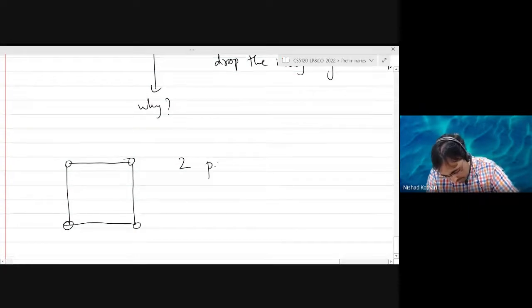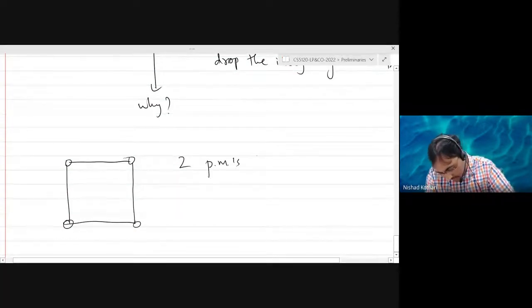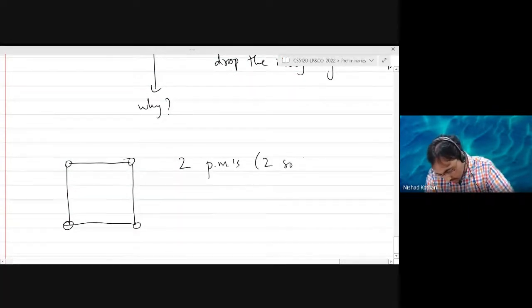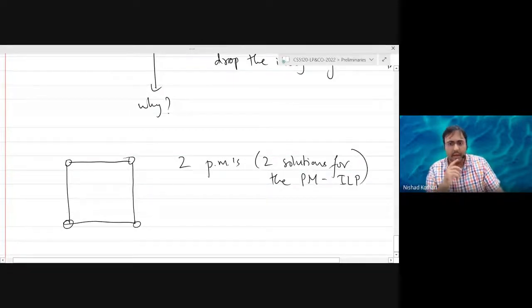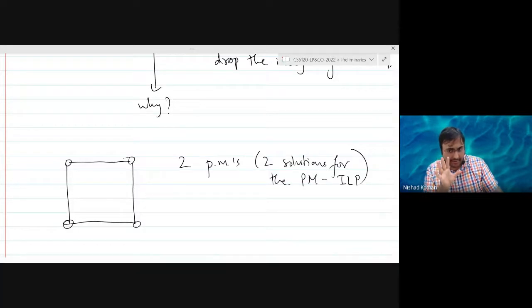Only two perfect matchings, right? Which basically means two solutions for the perfect matching ILP, the integer linear program that we wrote down earlier. Notice that here we don't care about the objective function. We are looking at the feasibility ILP. There is no objective function.